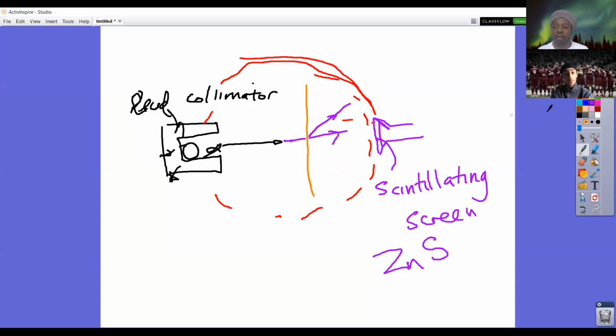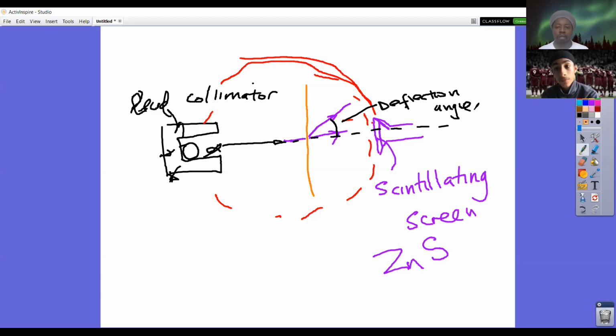So the deflection angle is the angle between, if I draw a dashed line from where the alpha particle is centrally aligned, the degrees. This here is the deflection angle. Good. Okay. So for those that bounced right back, the deflection angle is this whole thing. Huge.